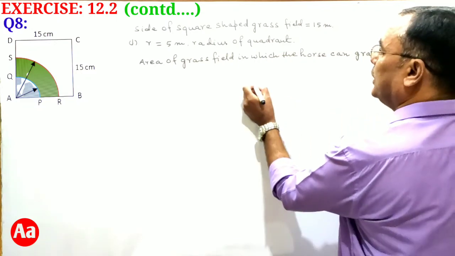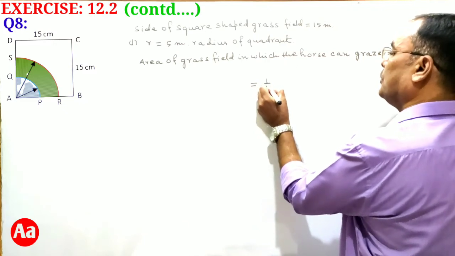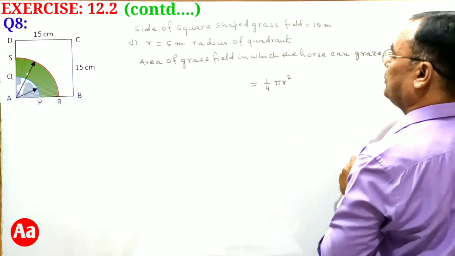And what is the formula to find area of a quadrant? 1 by 4 pi r square.